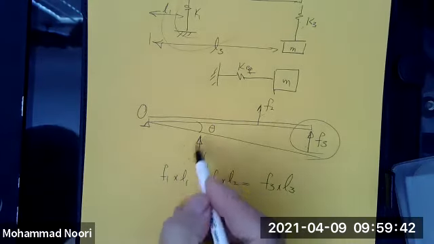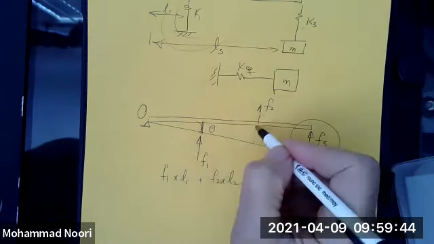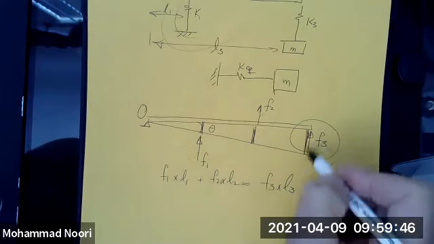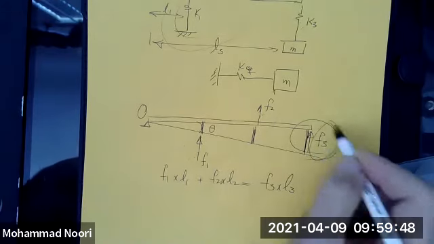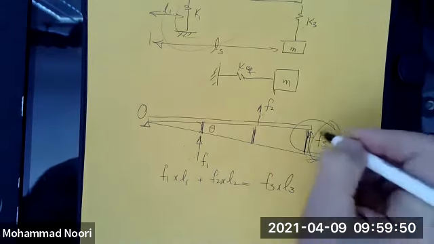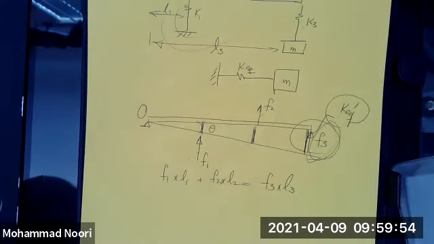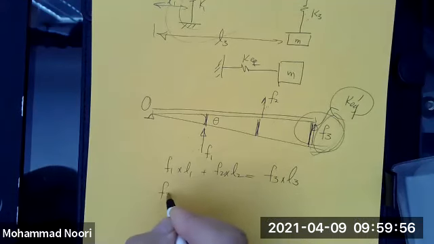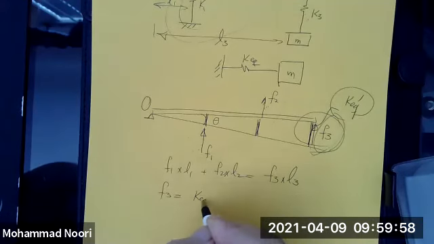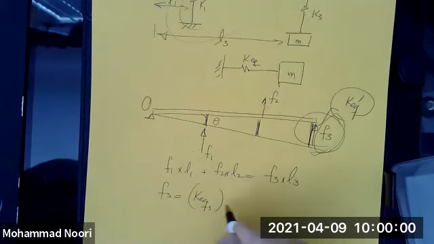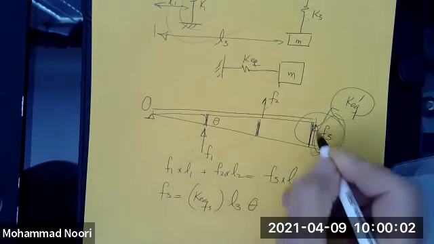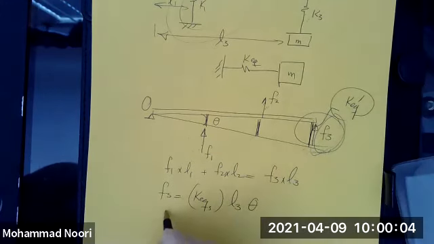But what is F1? Remember that these are the displacements. If this was coming from a spring, which we are looking for, I call that K equivalent prime. F3 would be K equivalent prime times L3 theta, that's this displacement.